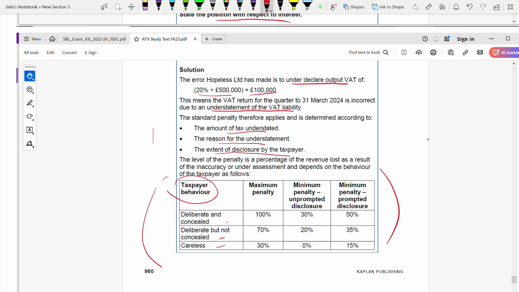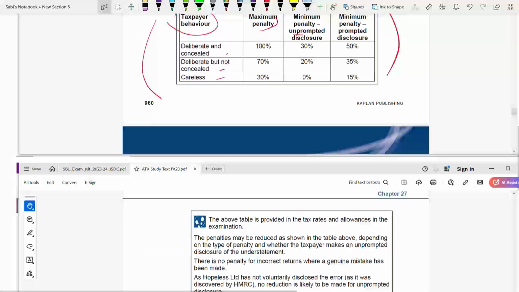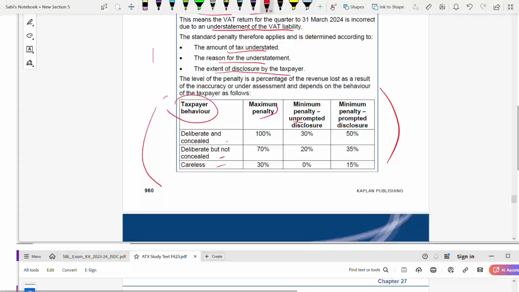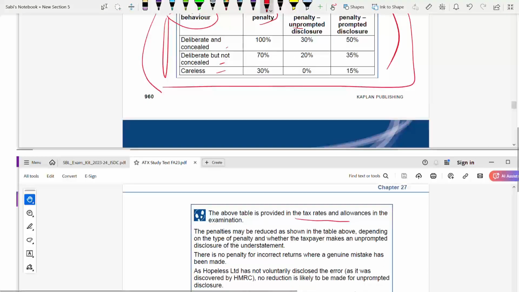So you can see the maximum penalty, the minimum penalty, unprompted disclosure and prompted disclosure. The above table will be given to you in your exam. You don't have to worry about this table. It will be provided to you in your exam. So based on that, you have to see.